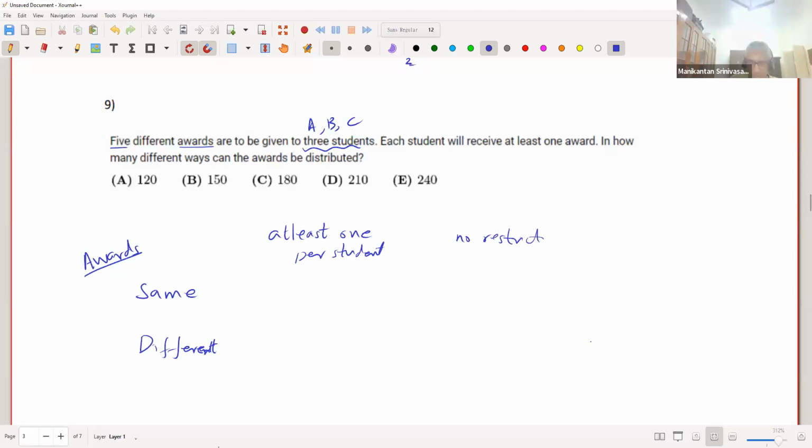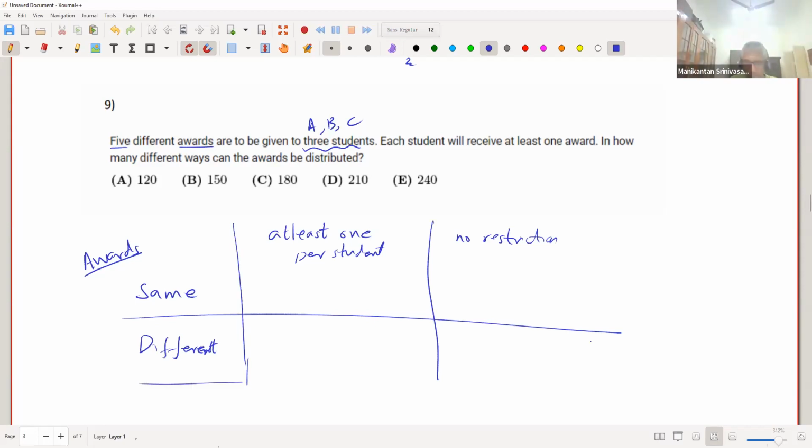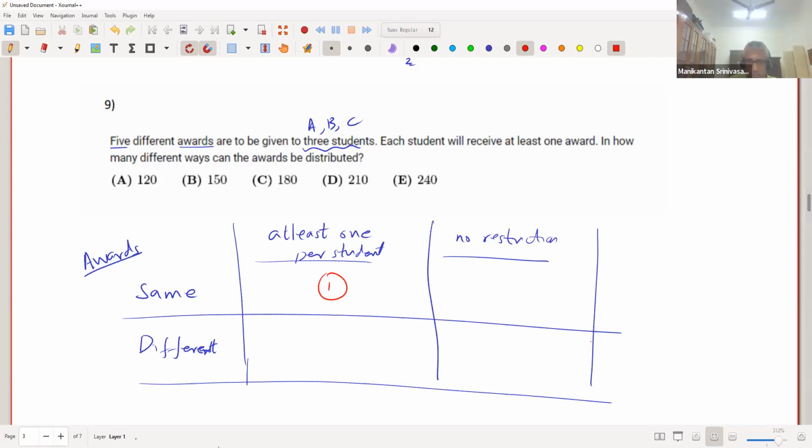Okay, so there are 4 cases I want to distribute this into. So I'll mark these cases as case 1, case 2, case 3 and case 4.